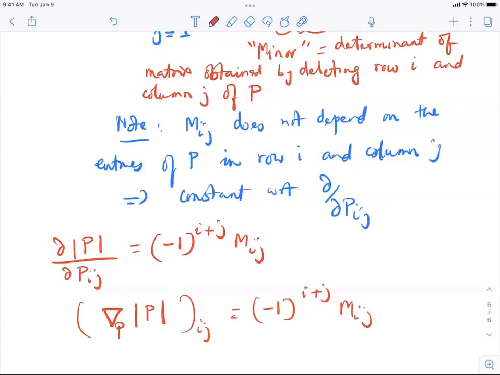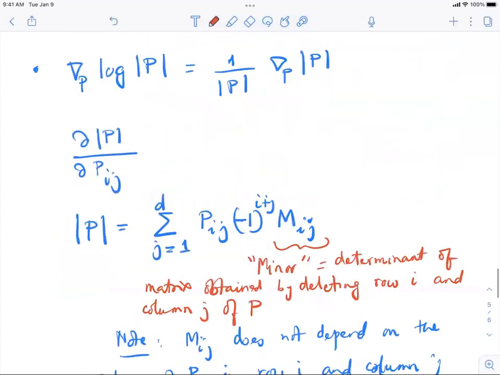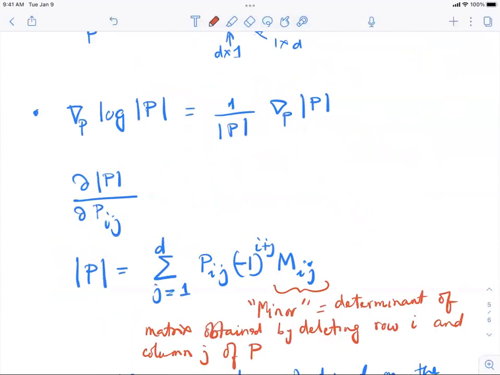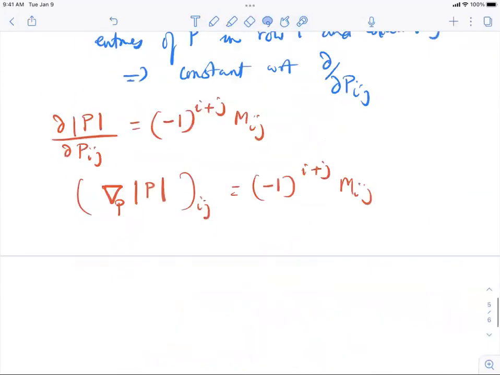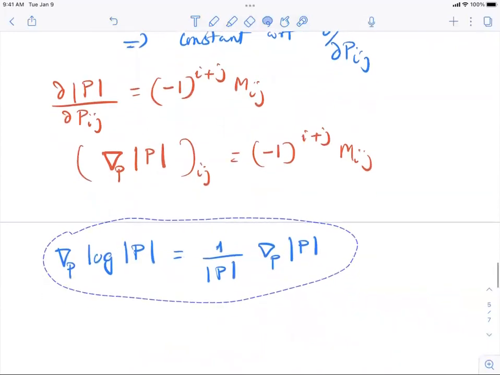Okay, fine. Now let's go back to what we are interested in. That was the gradient of the log of the determinant of this, right? So let's copy that here below, and now plug in what I have there.